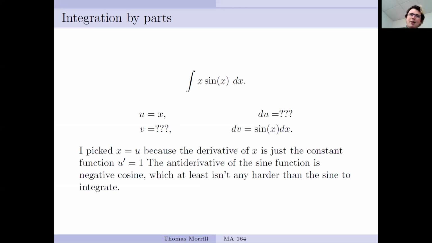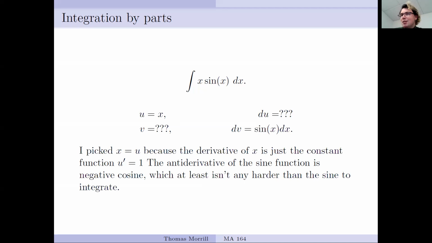I picked u equals x. And the reason I picked u equals x is because the u is going to be replaced by its own derivative. The derivative of x dx is 1. And what could be a nicer derivative to work with than 1?